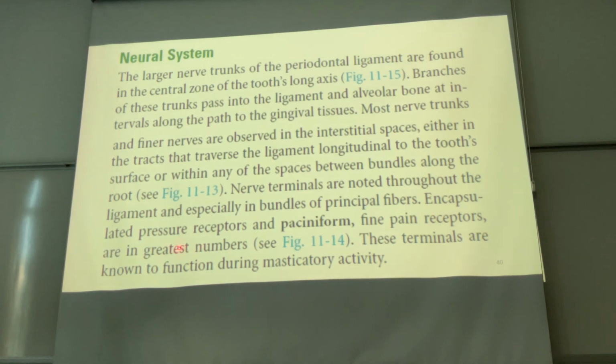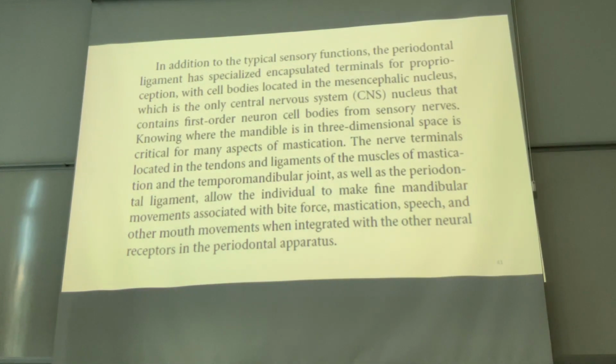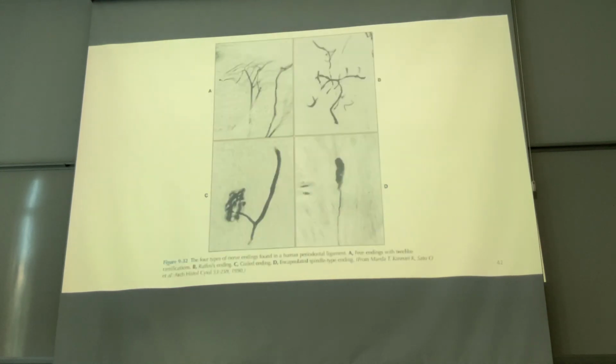And also we have pressure receptors in this part. And the plexiform plexus has pain receptors. We have these receptors in high amount in the periodontal ligament. You can read this part for yourself and understand the mechanism of these fibers.